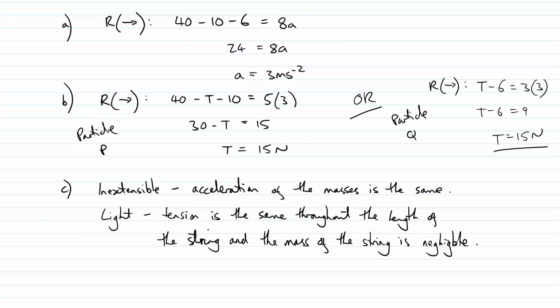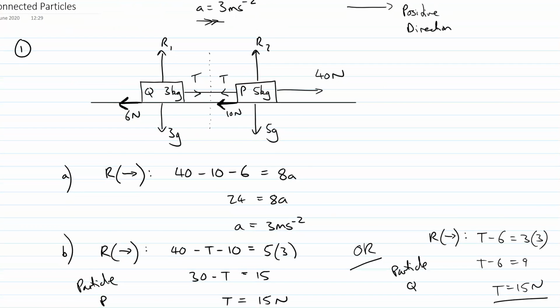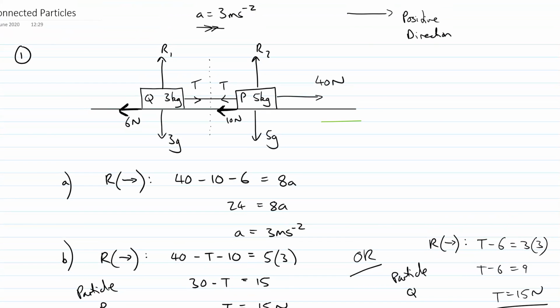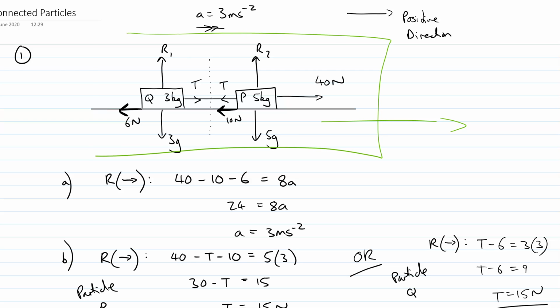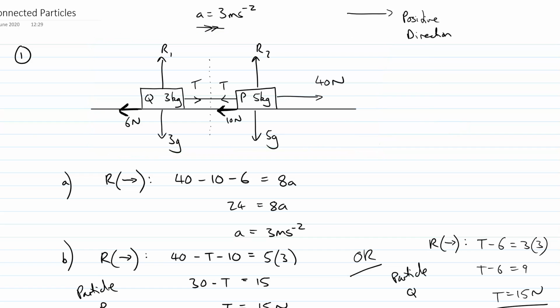And they're the two little bits we need to learn for that. So this is connected particles, two things together. Because it's moving in one direction, we can treat it as one big system where we include all the mass and all the forces acting, or we can consider individual parts of the system as well.